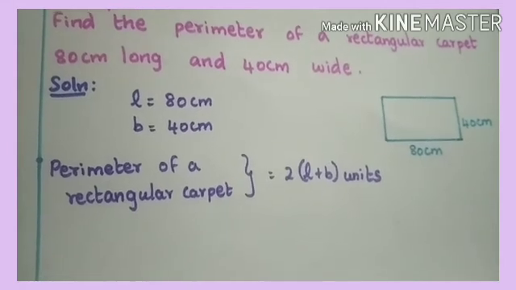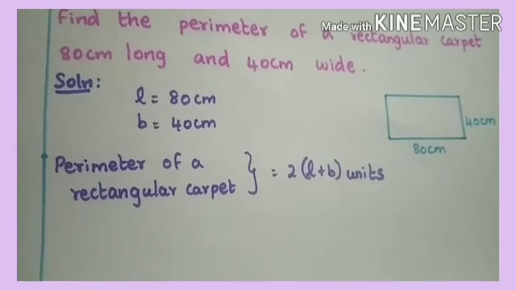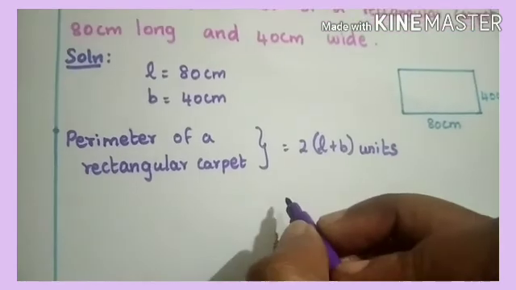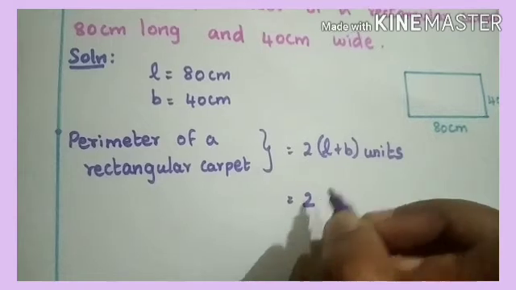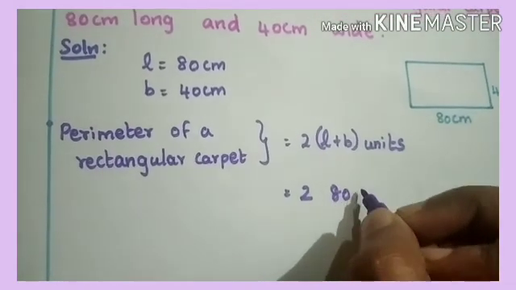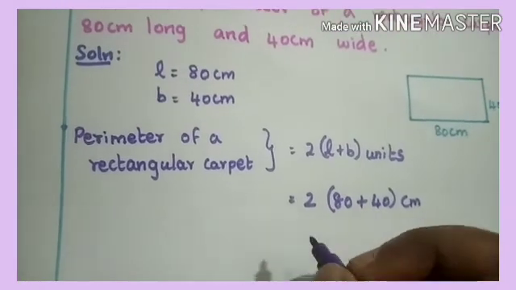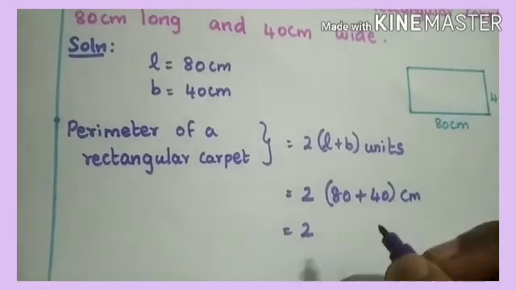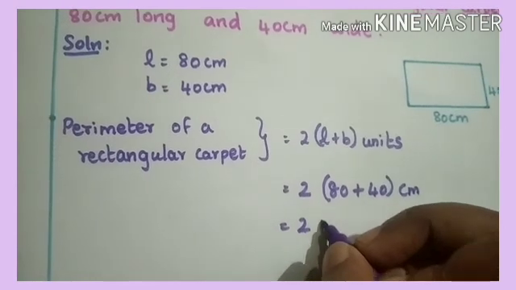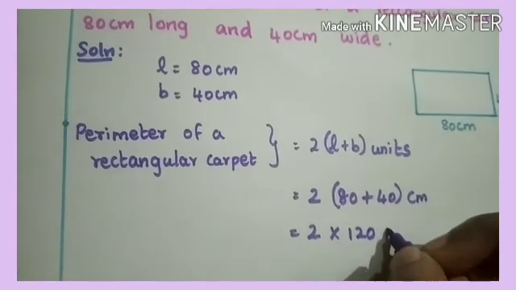Now substitute the values of length and breadth, where length is equal to 80 cm and breadth is equal to 40 cm. Let's write 2 into (80 plus 40) cm. Now add the numbers 80 and 40 in the bracket. 2 into 120 centimeter.